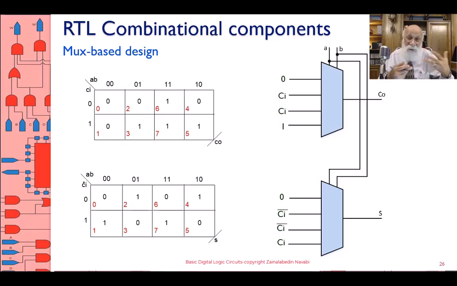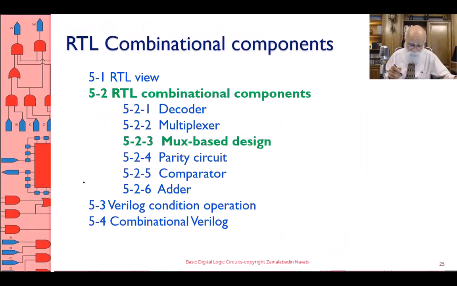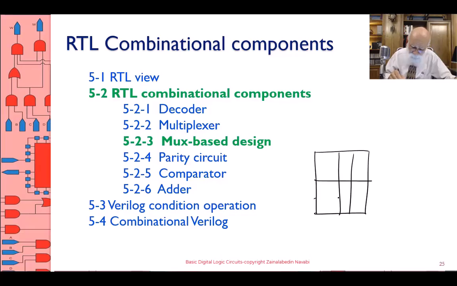If I have a very random Karnaugh map, for example, let's go back to the previous slide. Let's say I have a Karnaugh map which looks like this, looks very crazy, with A, B, C, D, and entries 0, 0, 0, 1, 1, 1, 1, 0. It's a 4-variable Karnaugh map.